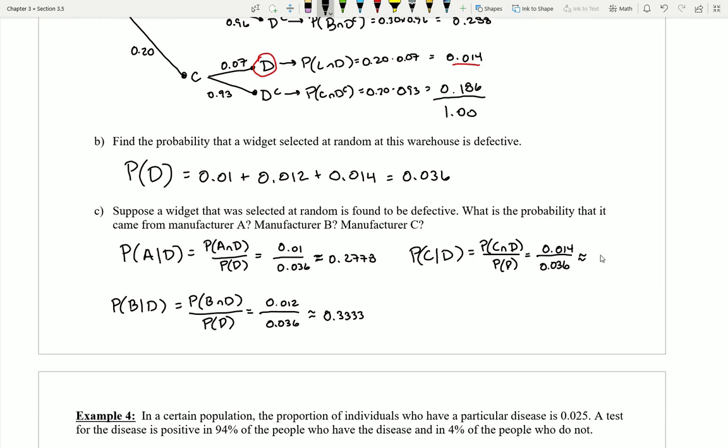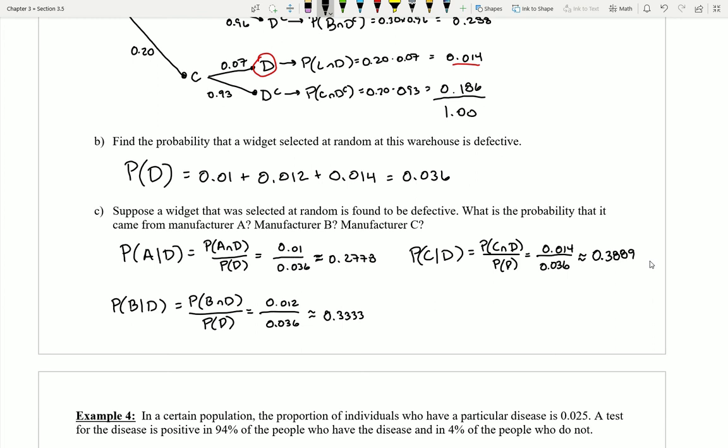Or if I write that out, it looks like this is 0.3889. So if I was trying to think here about which person it is most likely going to be from, it seems like it ends up most likely being manufacturer C.